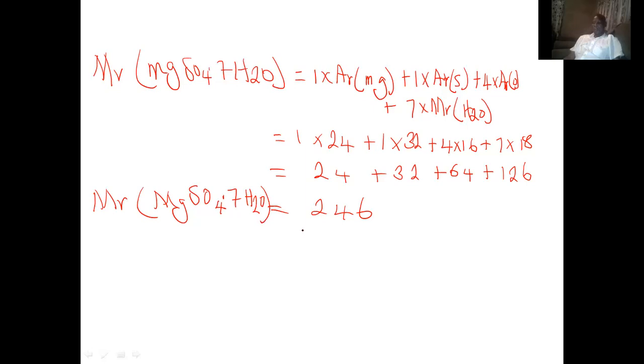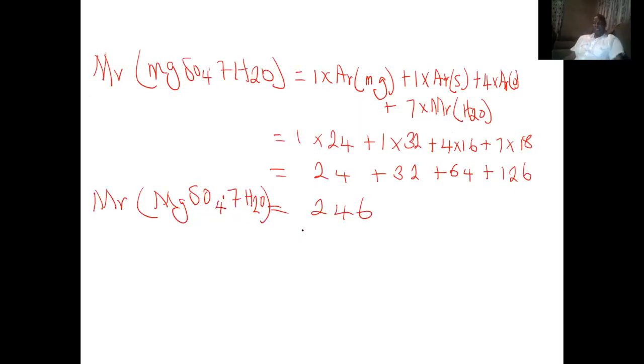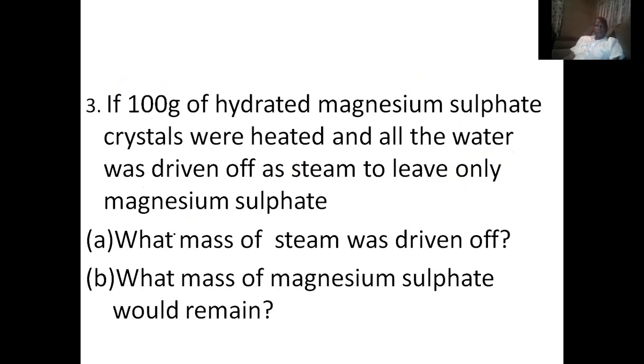And so now we need to find, according to the question, what mass of steam. So we can look at the amount of steam, which is actually 126. So they want us to find what mass of steam was driven off.